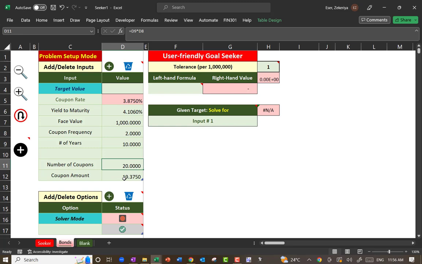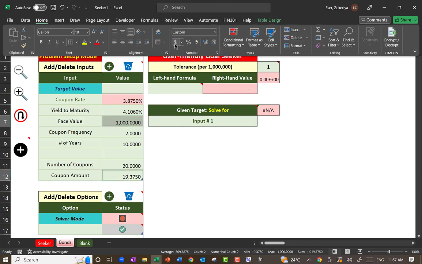Again, I'm doing this only for cosmetic purposes. For calculations, I could have done all of that in line, but I also want the user of this template to see exactly how many coupons are there and what's the value of those coupons. So I'm going to make these guys in currency format.